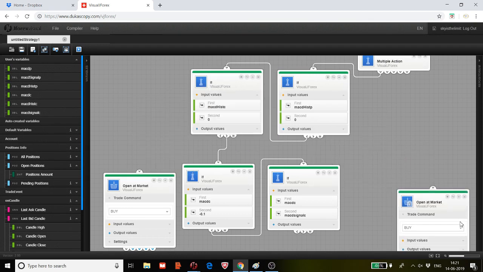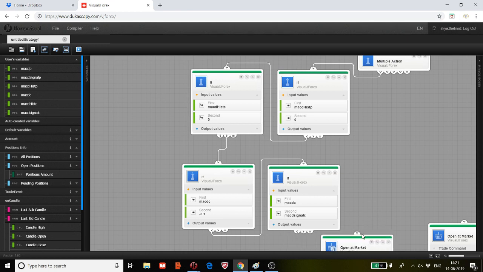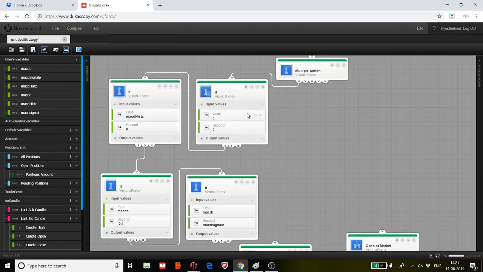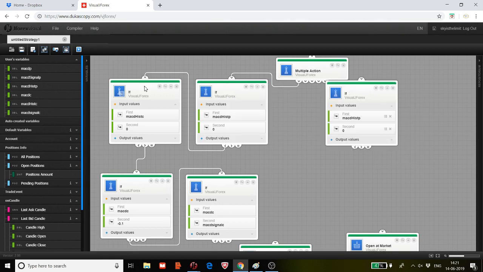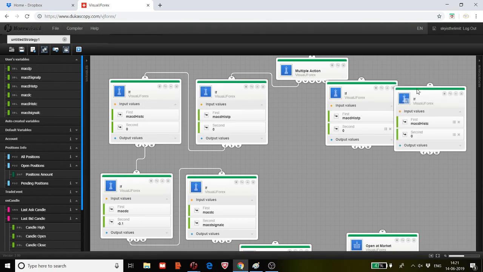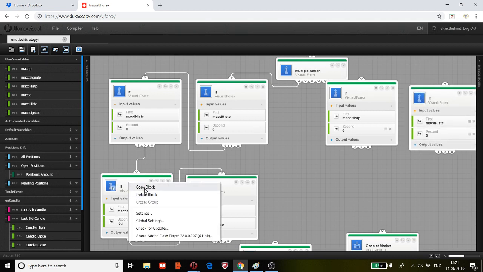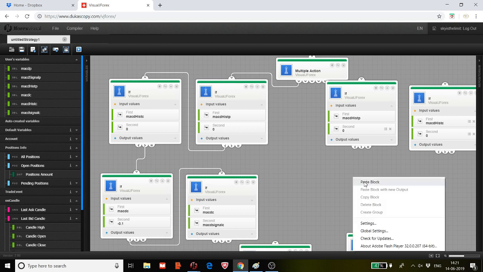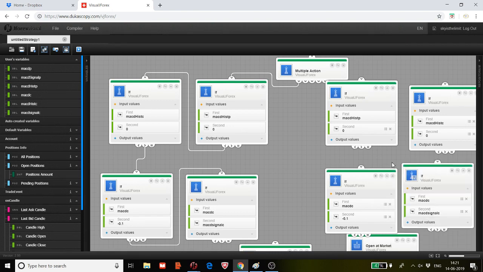To make work easier, as we need exactly opposite logic for the sell side, I will copy the blocks. Copy and paste here. All 4 blocks I will copy and paste here. Done.